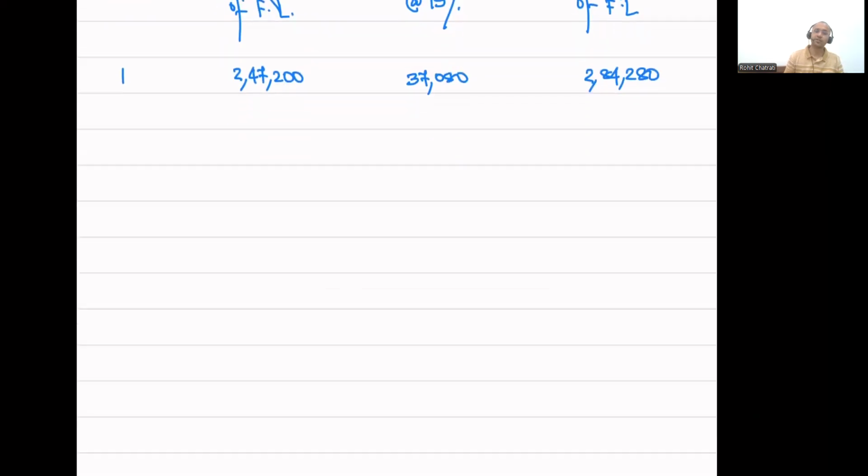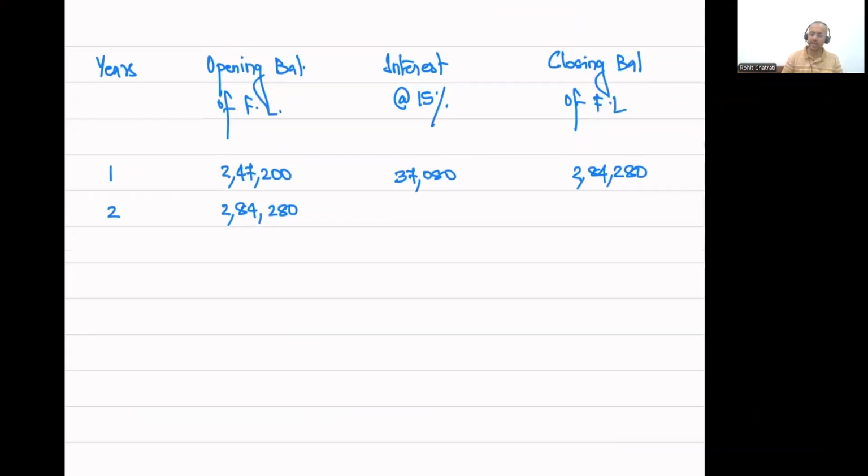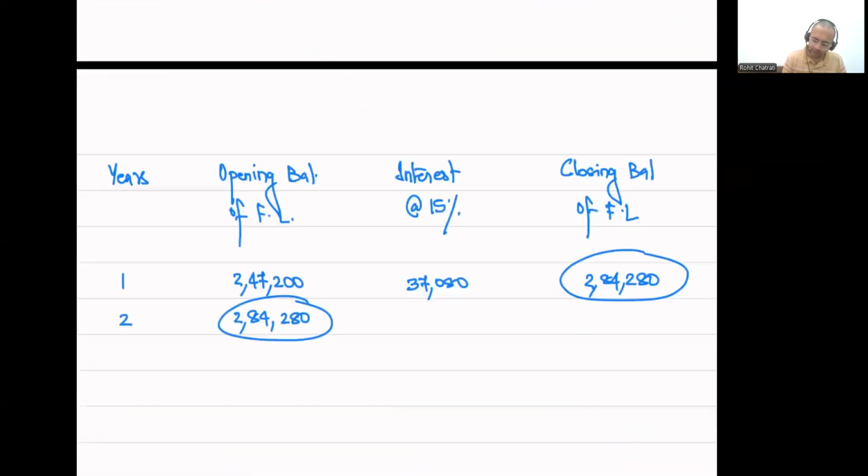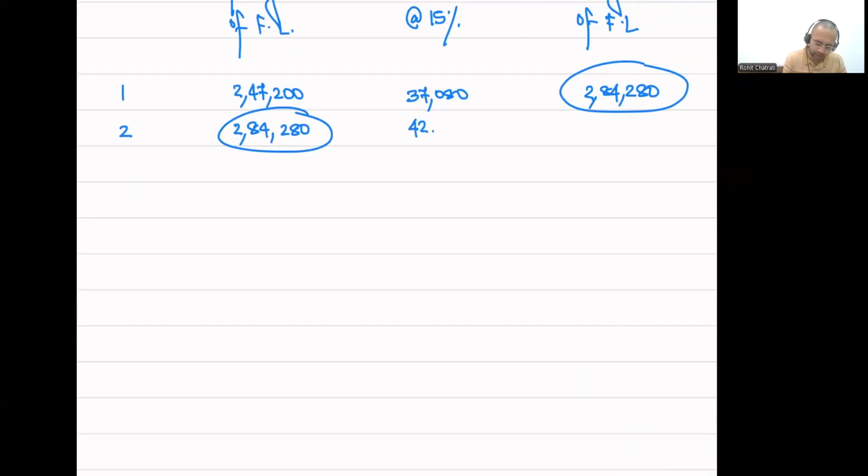The closing balance of year one becomes the beginning balance of year two. So my beginning balance for year two is 2,84,280, and the interest for year two, as we calculated, is 42,642.